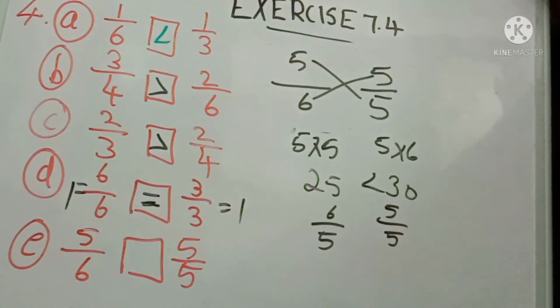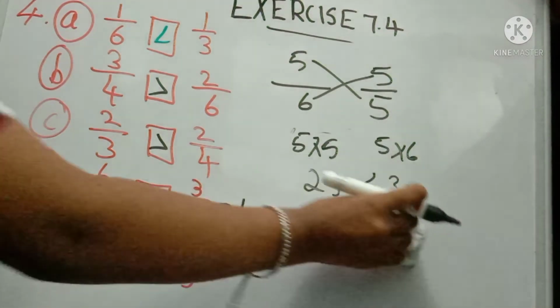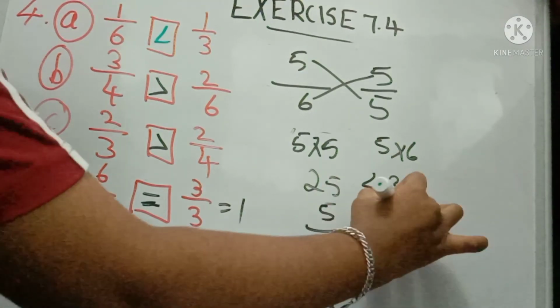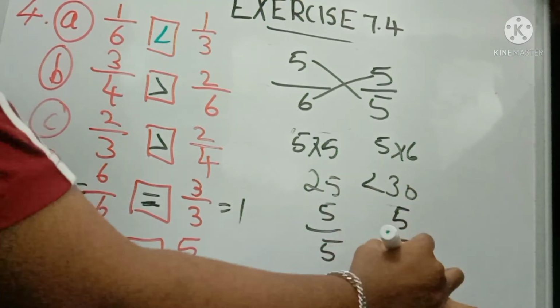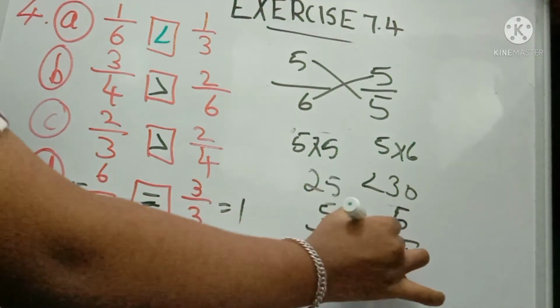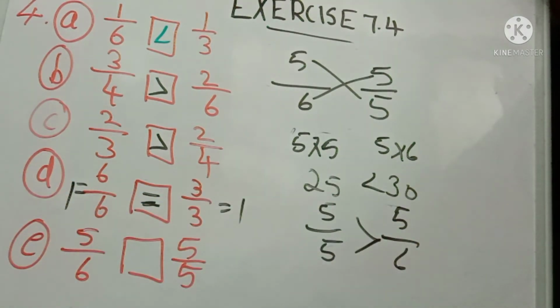Which one is greater? Here 5 by 5 and here 5 by 6. Which one is greater? 5 by 5 is greater. So 5 by 5 is greater. Okay.